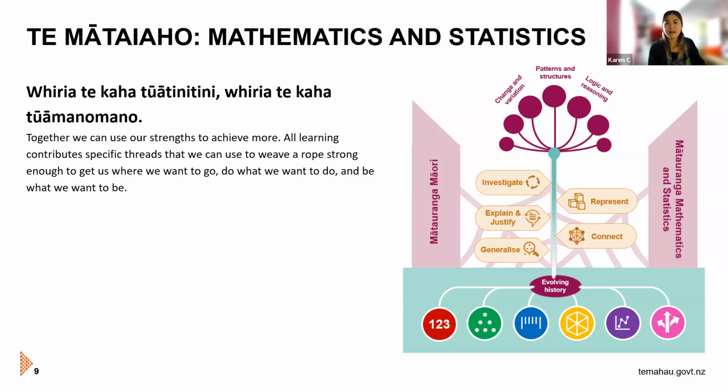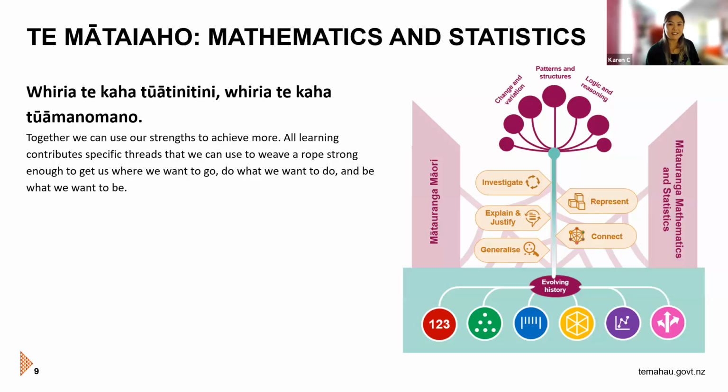Now, if we examine the big enduring ideas, or the understands, in our learning area, we notice one of which is referred to in this picture as patterns and structures. Each of the understands has a whakataukī associated with it. The whakataukī associated with this big idea is whiria te kaha tua tini tini, whiria te kaha tua mano mano.